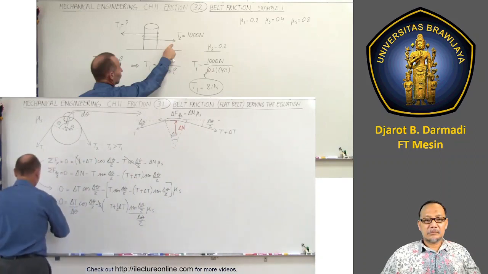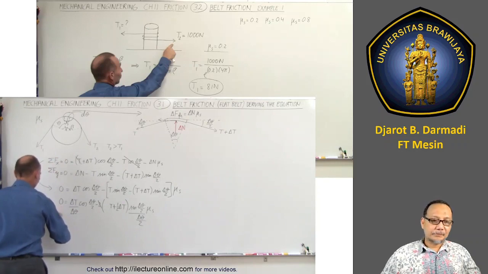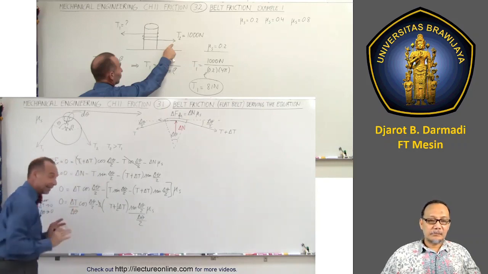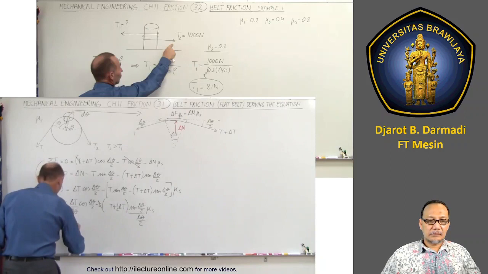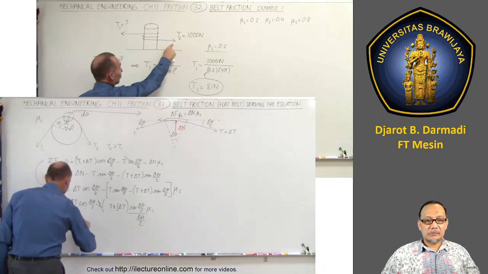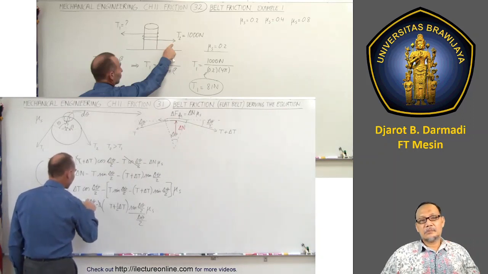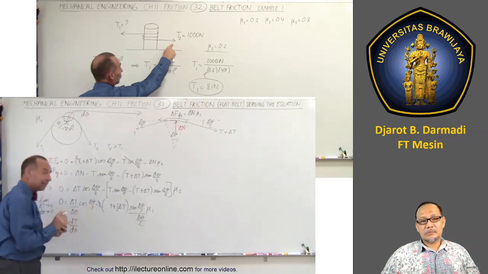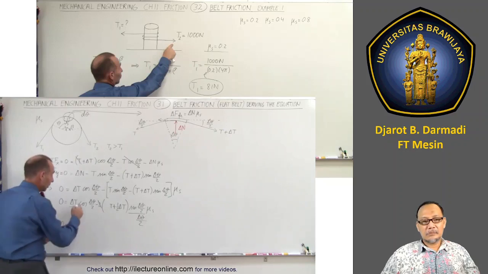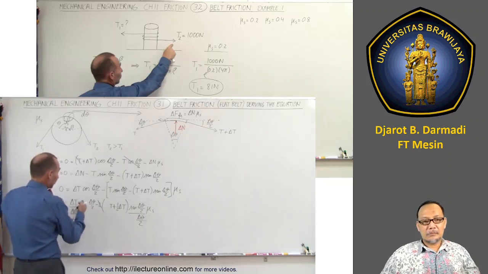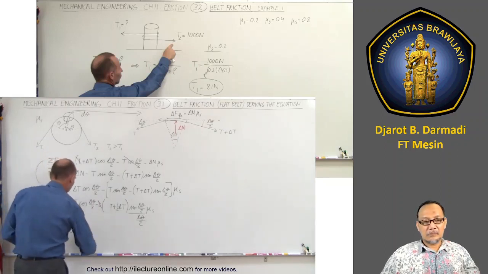We're taking the limit as delta t goes to 0 and delta theta goes to 0. And when I do that, I get the following. We have 0 is equal to dT d theta, that's what we're looking for, times the cosine of delta theta divided by 2 as delta theta goes to 0. So that means in the limit we get the cosine of 0, which is equal to 1.